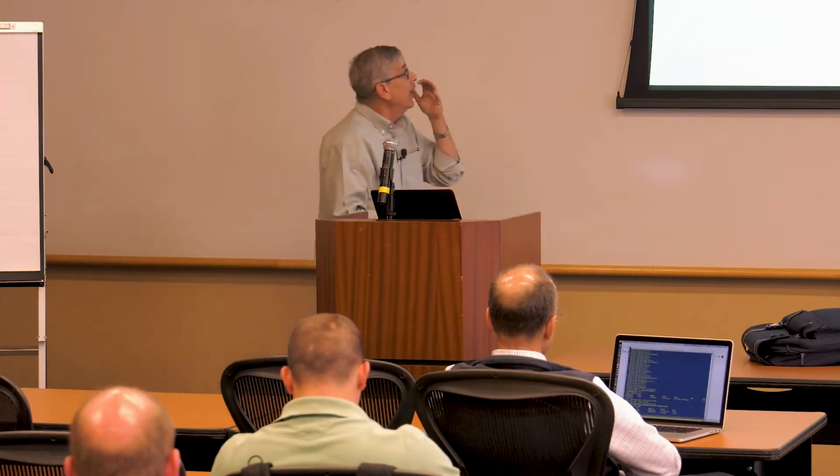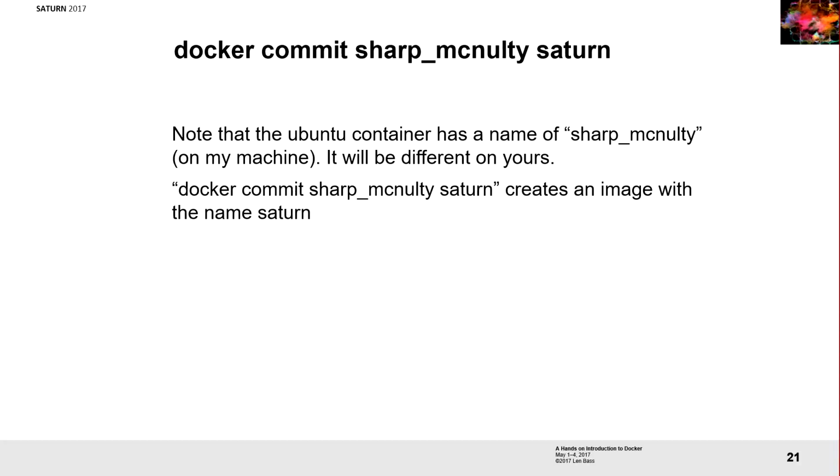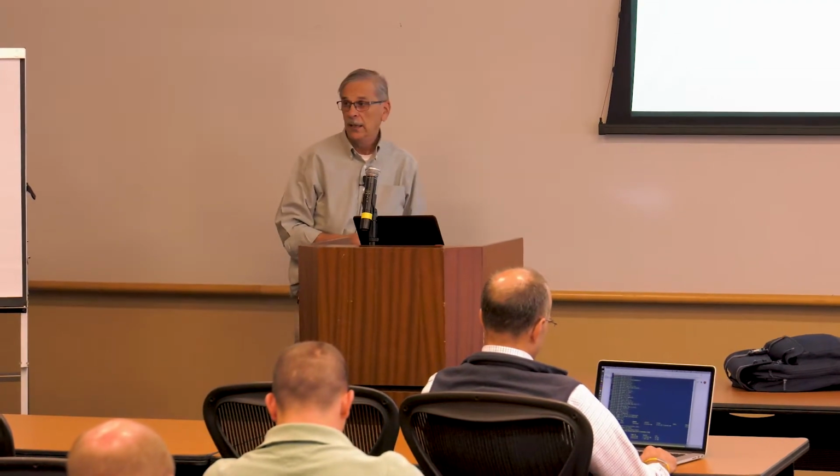That's a Docker made up name. I can't remember Docker made up names, so I will commit that and call it Saturn, and now I have a name that I can remember. And when I do an images, I don't see the Docker made up names. I only see the ones that I've committed.